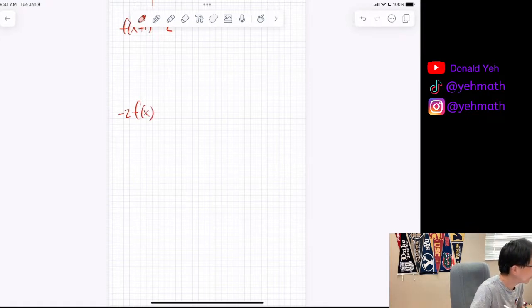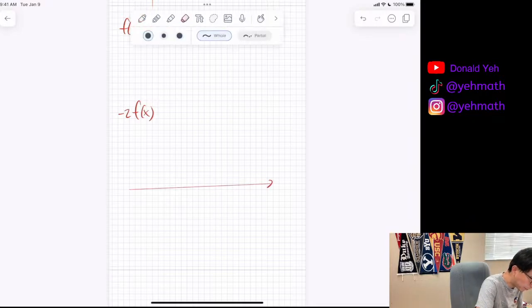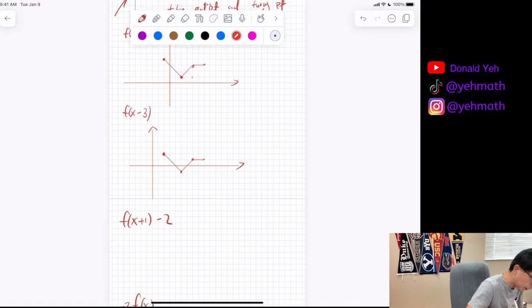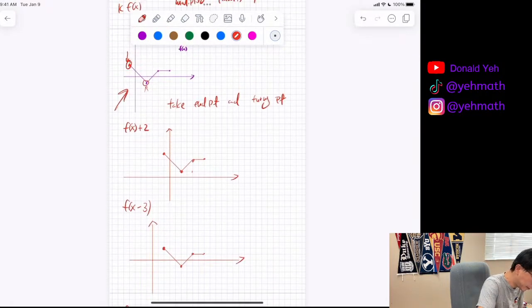Multiplier. Just make sure you take all the y values, multiply by -2, all the turning points. So you take this turning point here, that's -1, 2, right?